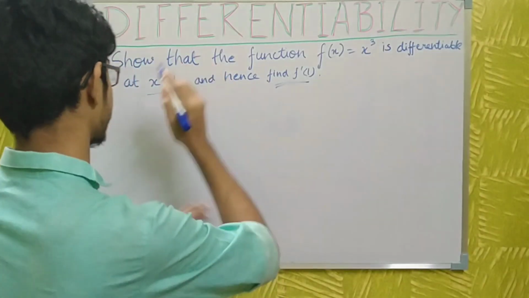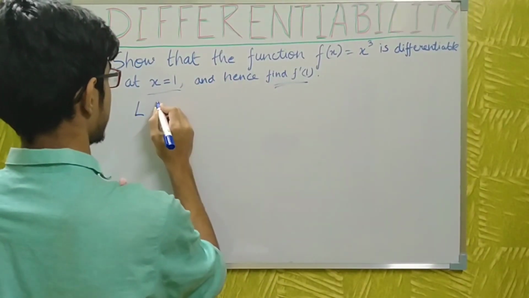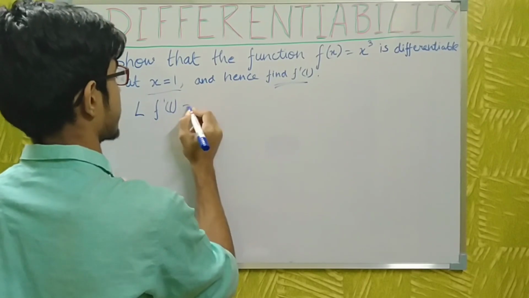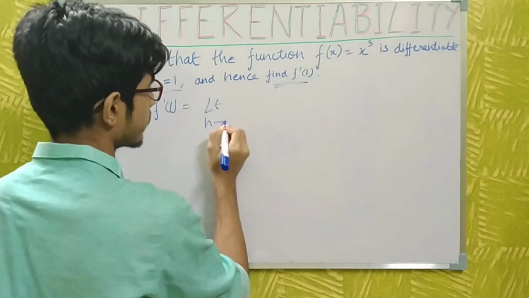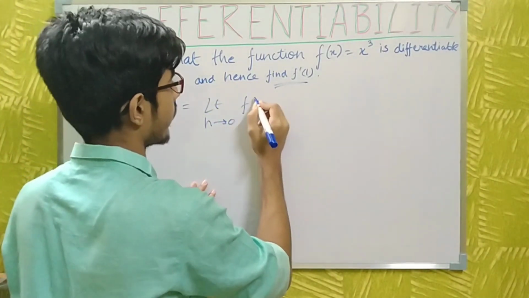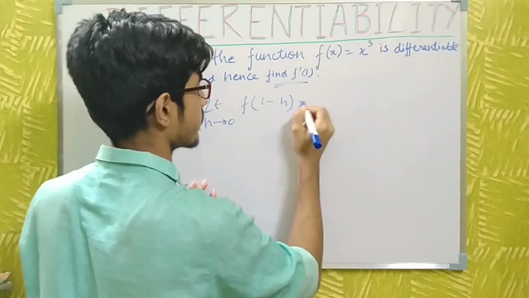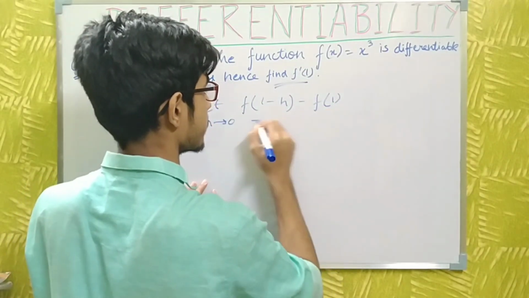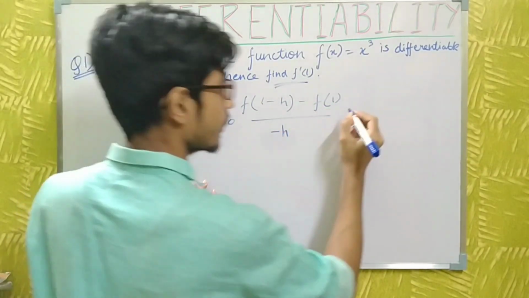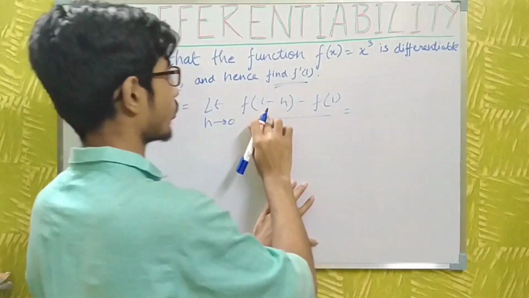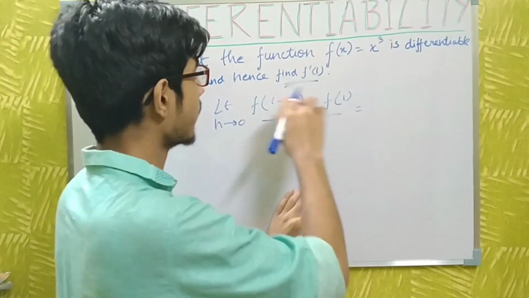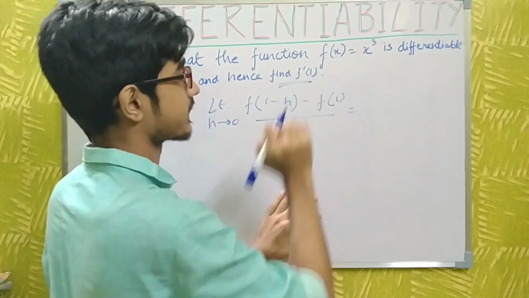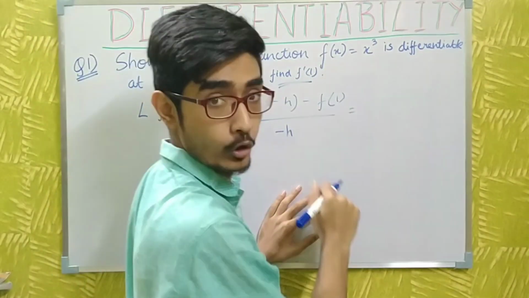So let me find the left hand derivative, that is L of f dash 1, which is limit h tends to 0 of f of 1 minus h minus f of 1 by minus h. Here 1 minus h will act as x, so it will be 1 minus h whole cube.